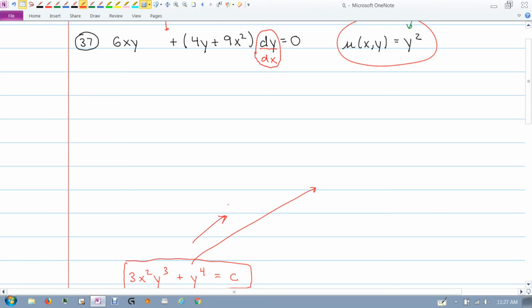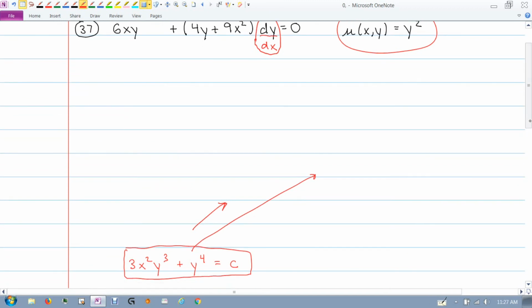and find dy/dx. So I take the derivative of that implicitly with respect to x. Oh, you know what?